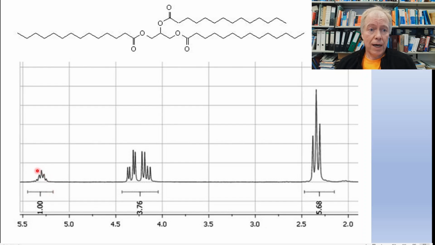It has the highest chemical shift because of the inductive deshielding of those 3 oxygens.